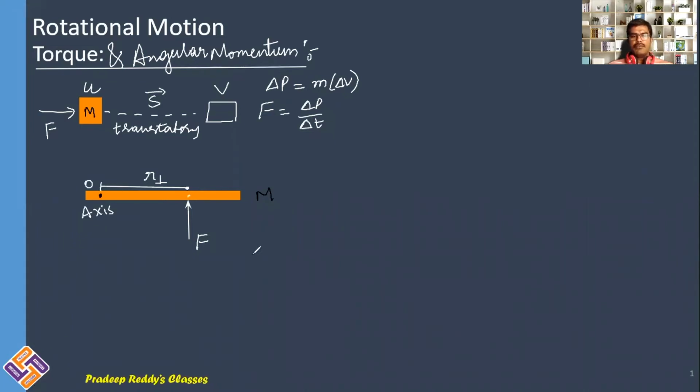Axis I am denoting it with O, and this position is A. You are acting force at A such that it is perpendicular, theta is equal to 90 degrees. What would happen now? This object would undergo rotational motion and the particle which is coming over here, this is how the particle is being rotated. It is being rotated by some angle theta dash.